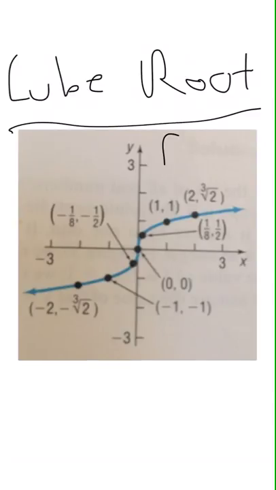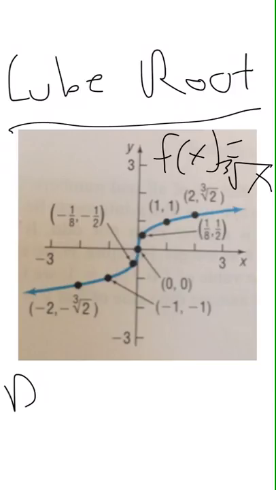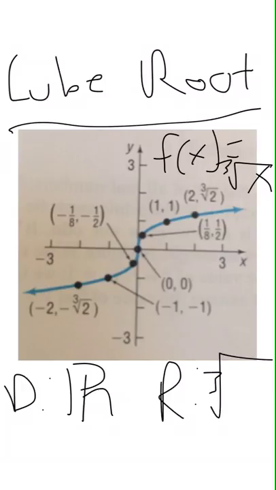Alright, the next function we're going to learn about is what we call the cubed root function, the parent cubed root. The equation for the cubed root function is just f of x equals the cubed root of x. And the domain, in case you can't tell from the graph, would be all real numbers. And the range is also all real numbers.